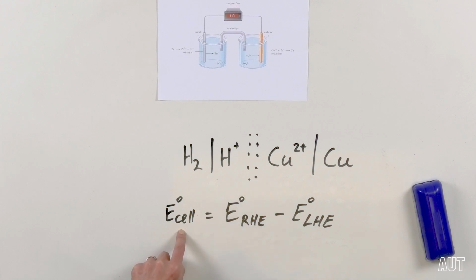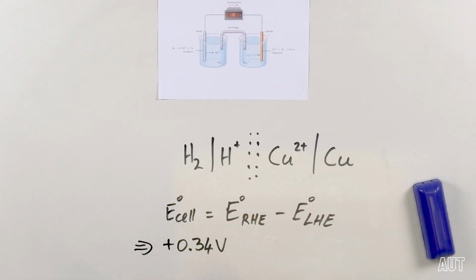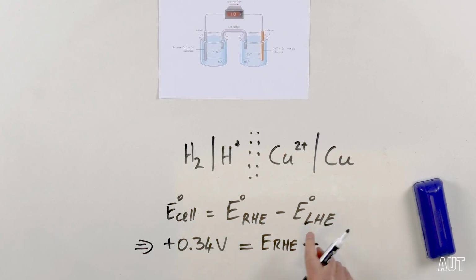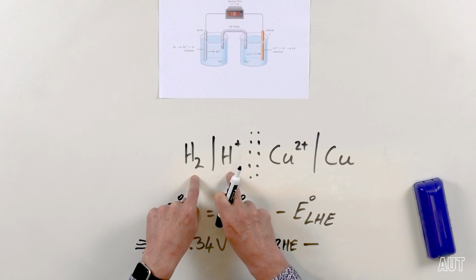And when we do the experiment, we find that this has a value of plus 0.34 volts. And that is equal to E of the right hand minus E of the left hand, and we already know that E of the left hand is 0.